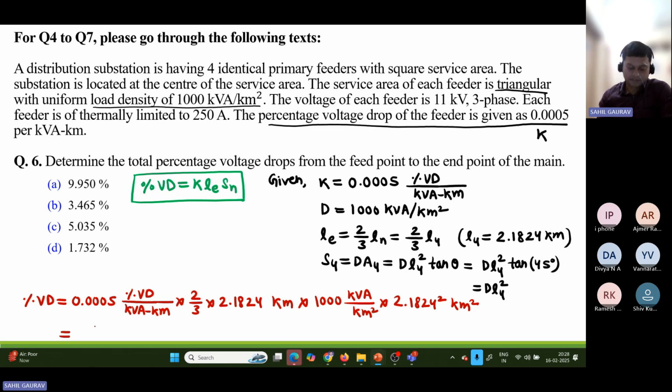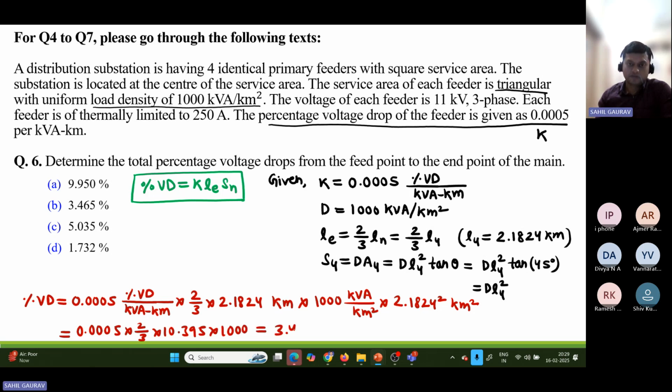So you will get the answer as 0.005 percentage into 2/3. So if you take the cube of this 2.1824, then you will get 10.395 into 1000.